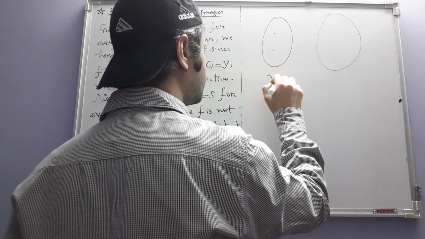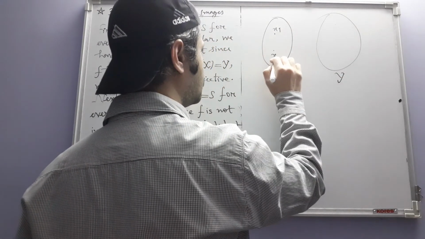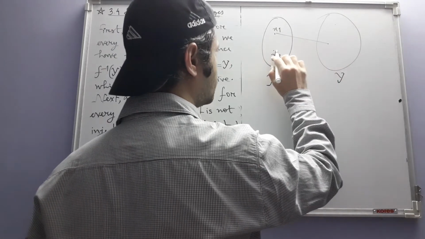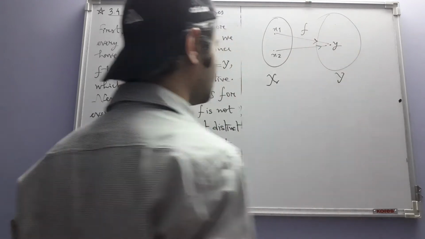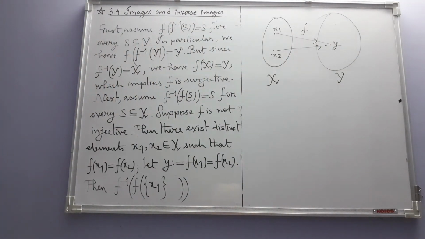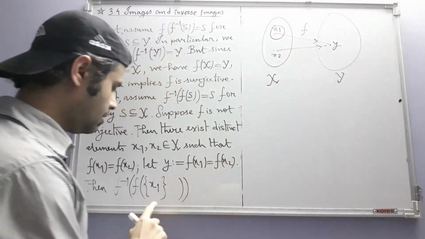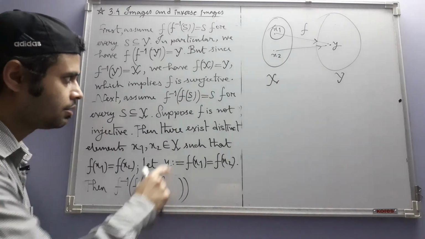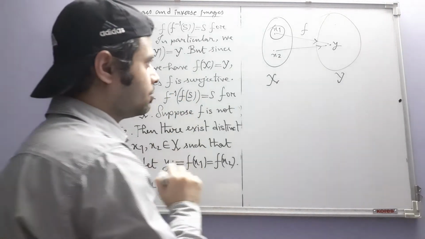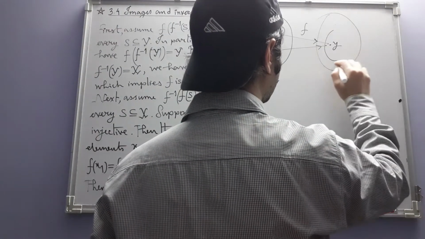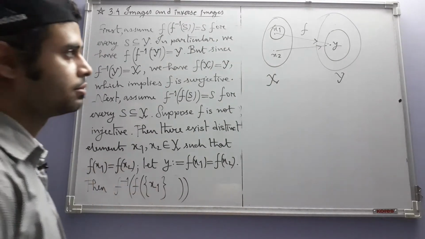We still have X and Y, and we have distinct elements x1 and x2 in X. They are being mapped by f onto the same element y. But instead of considering both of them, we are considering this singleton set. This we are putting in place of S. Say this is our image f of x1.